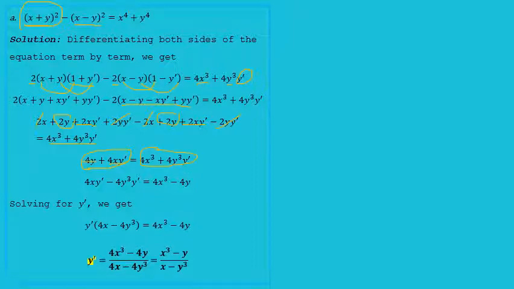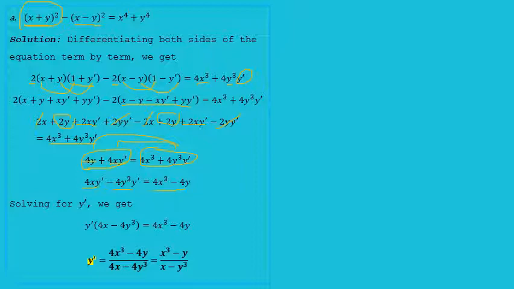And then after that, combine natin lahat ng may y prime. Si 4xy prime, retain dito. Transpose natin sa left side si 4y cubed y prime. Transpose din natin si 4y dito. So we have 4x cubed minus 4y. Okay, solving for y prime, we get y prime times 4x minus 4y cubed equals 4x cubed minus 4y.